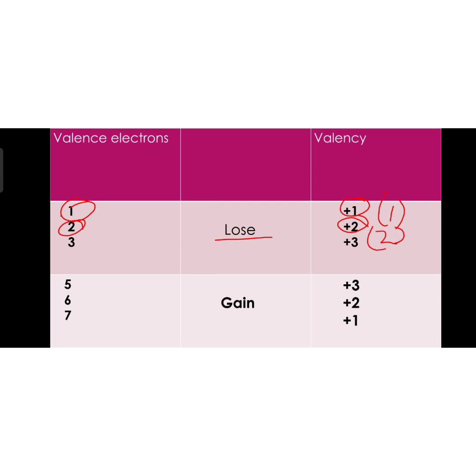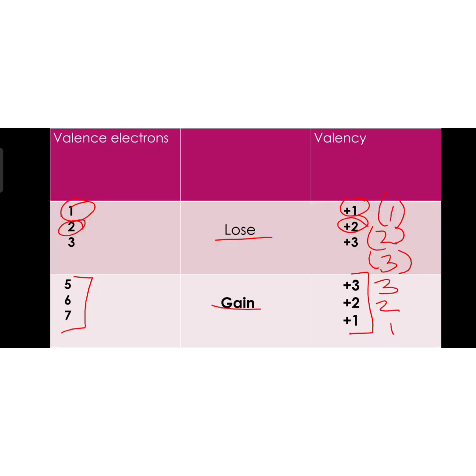And for 3, the valency is plus 3 or we can write 3 only. Now, if the element has 5, 6 or 7 valence electrons, then the elements gain electrons and their valency is minus 3, minus 2, minus 1 or simply 3, 2, 1.